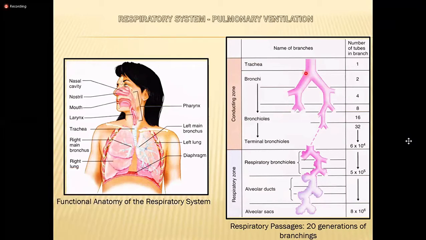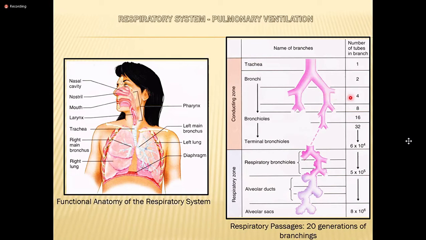and this is your pharynx. Then your trachea, which branches into your two bronchi. The trachea divides into two, right and left bronchi.